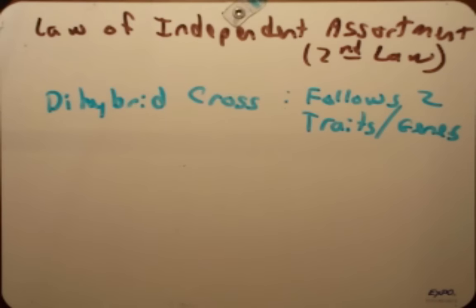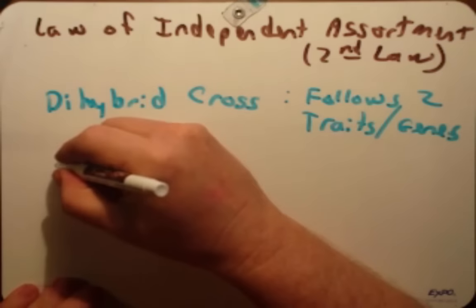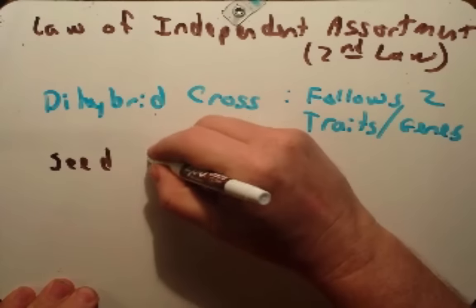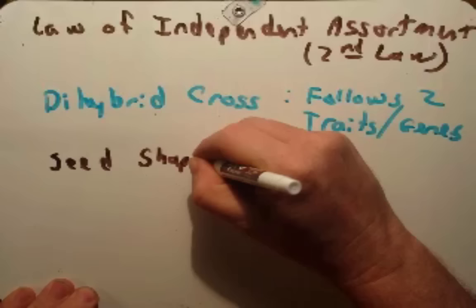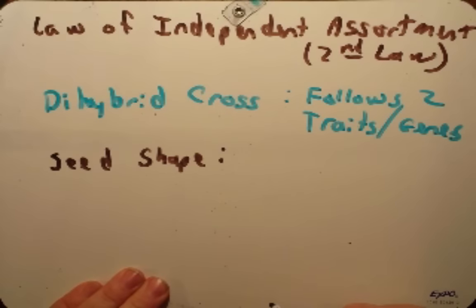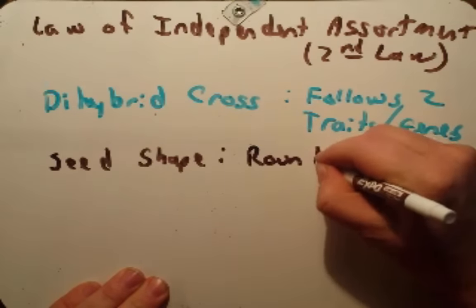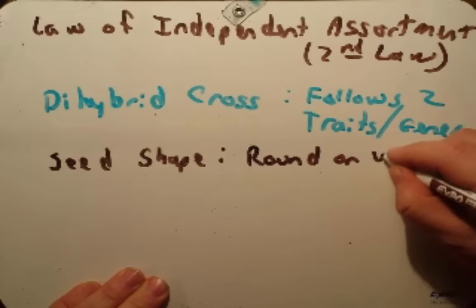So an example of a dihybrid cross using Mendel's P's might be looking at the two phenotypes of seed shape. So in this case, seed shape will either be round or wrinkled.